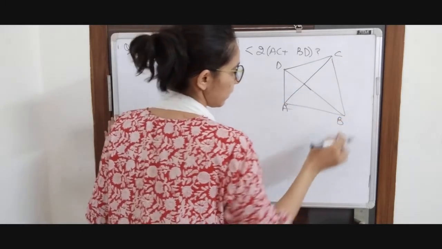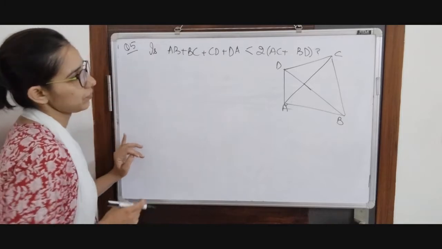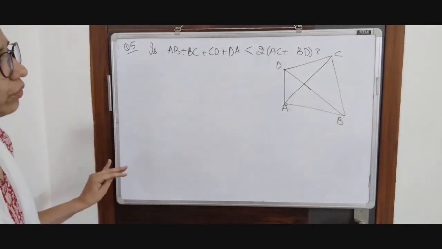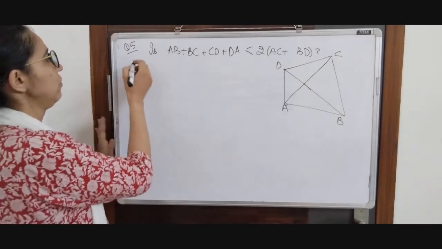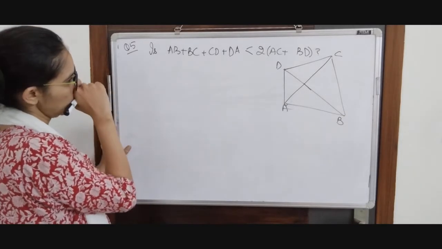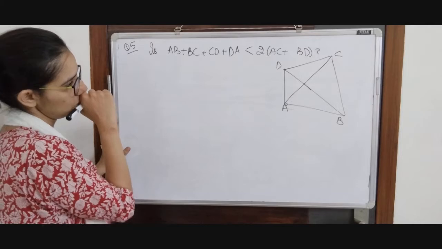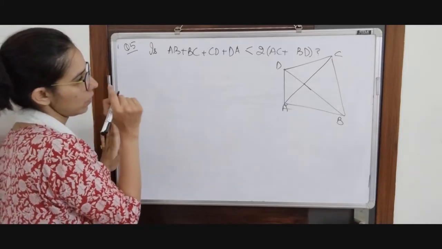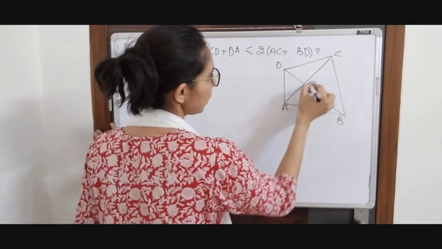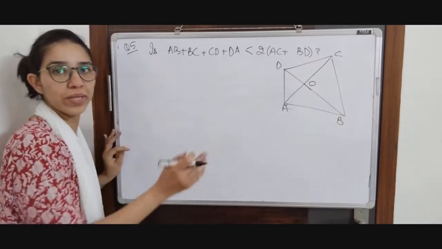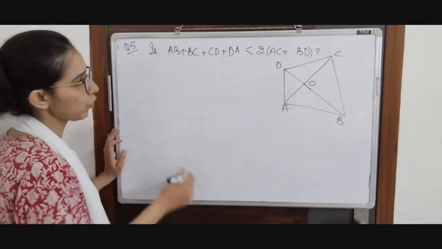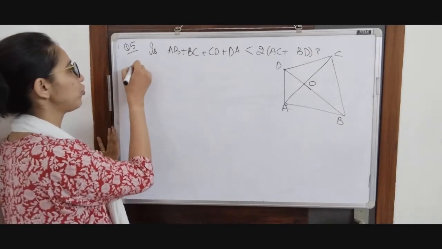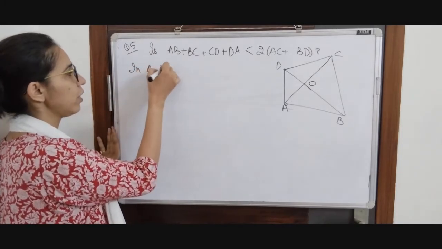Now we will start with the triangles. I am going to do it in a different manner. Though you can attempt it in the same manner as question number 4, I am going to take triangle AOB.